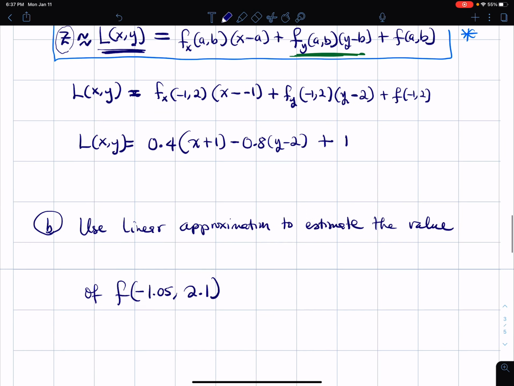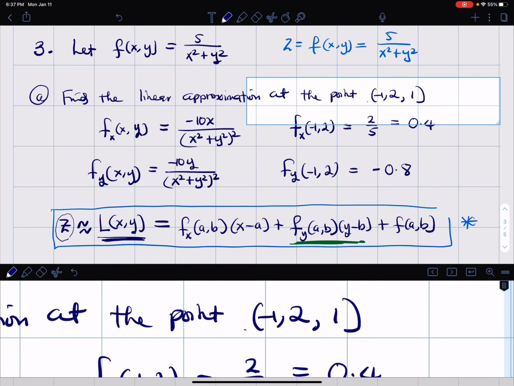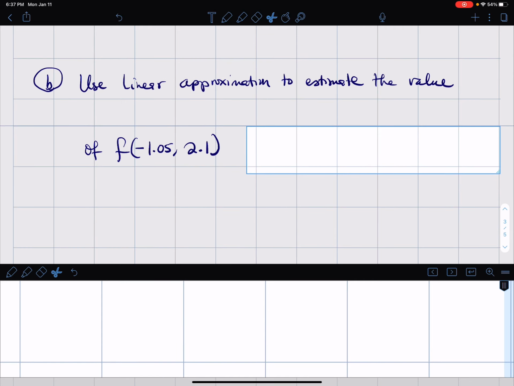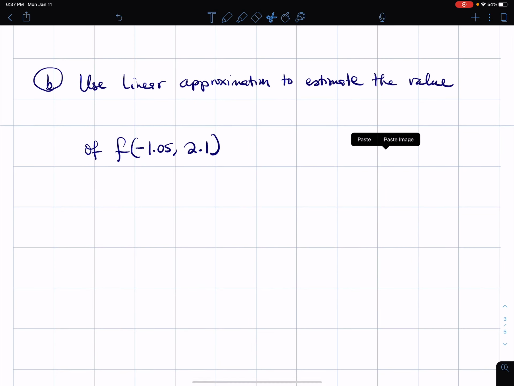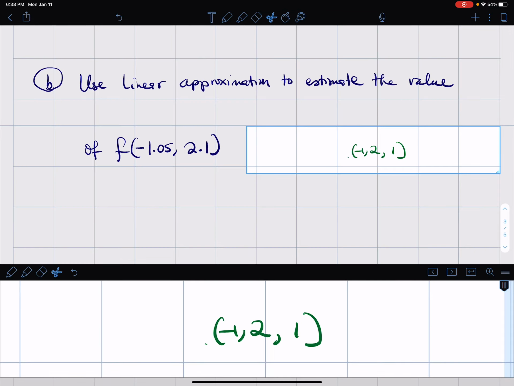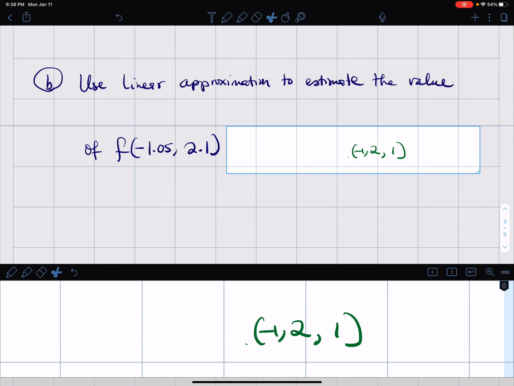Now, before we solve this problem, I want you to notice the point here. This is the point at which we found the tangent plane. With this tangent plane, we can find the values of this function for points that are very, very close to the point -1, 2 on the xy plane.